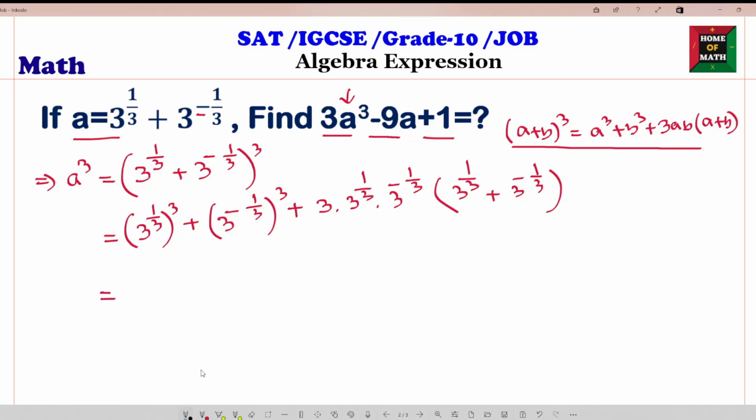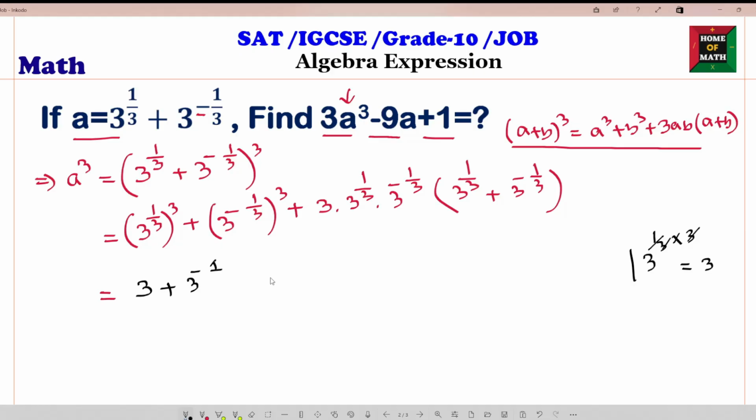Now, (3 to the power 1/3) whole cube means 3 to the power 1/3 times 3; the 3 and 3 cancel out, so it will be 3, plus this one will become 3 to the power minus 1.